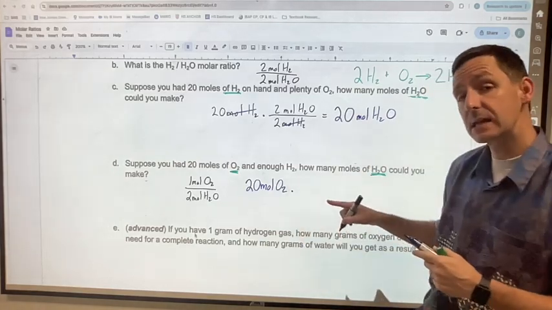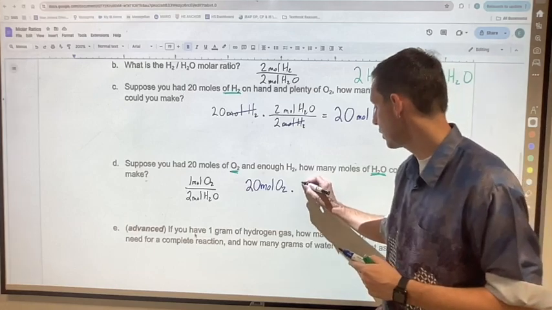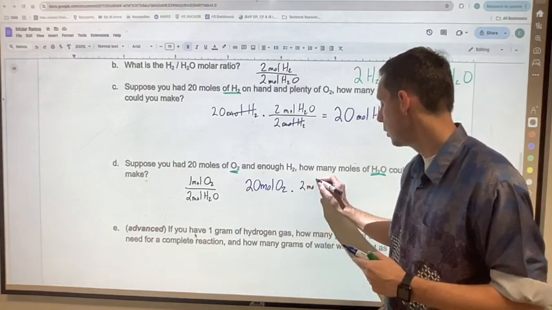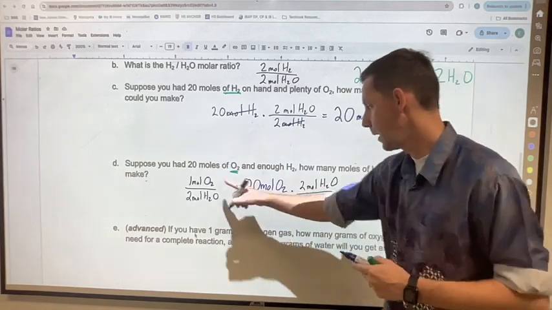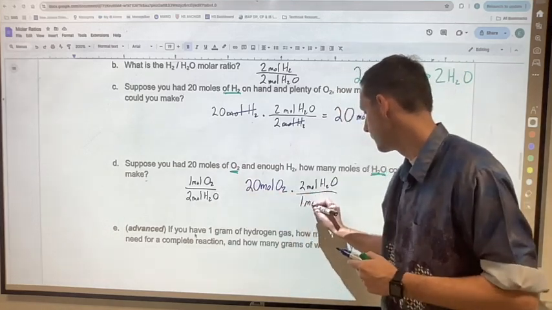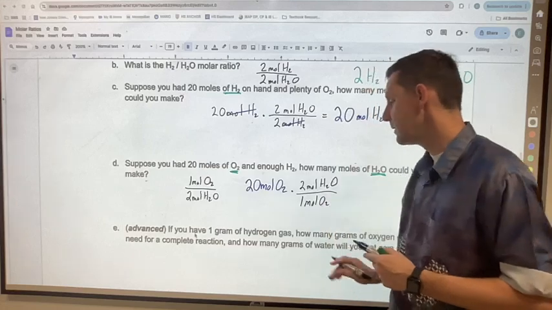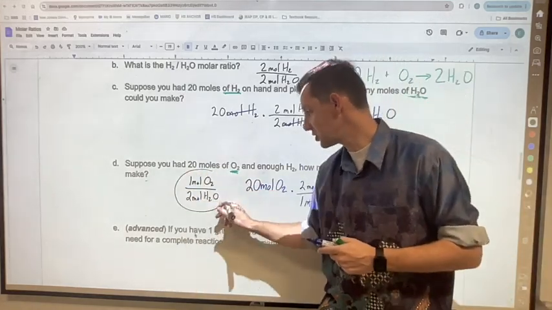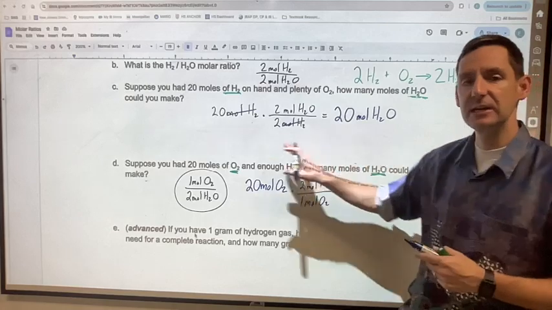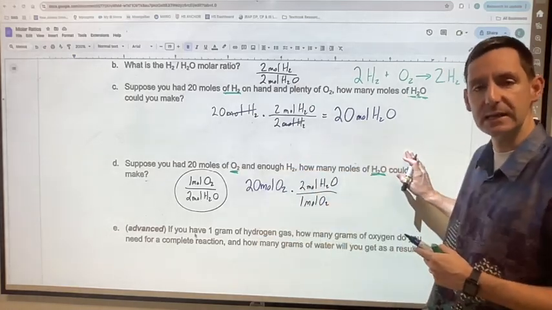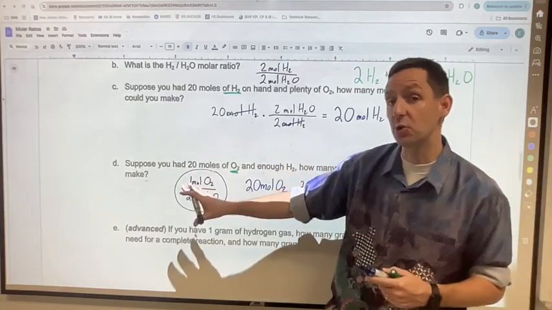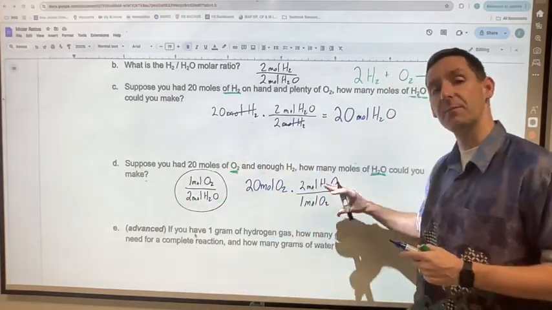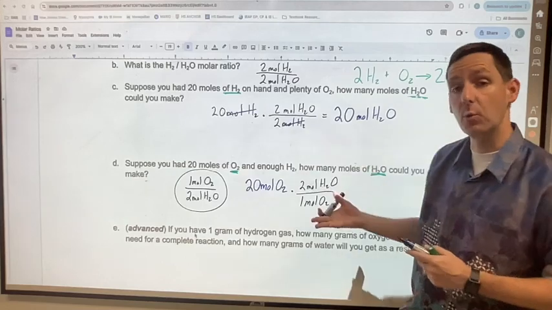So otherwise exactly the same, but we are going to go 2 moles of H2O and 1 mole of O2. Now I did this first because that meant I just needed to think about which 2 elements I needed. Once I have that, I don't have to think about creating a new ratio. I just have to think about, do I want it this way or do I want it flipped?